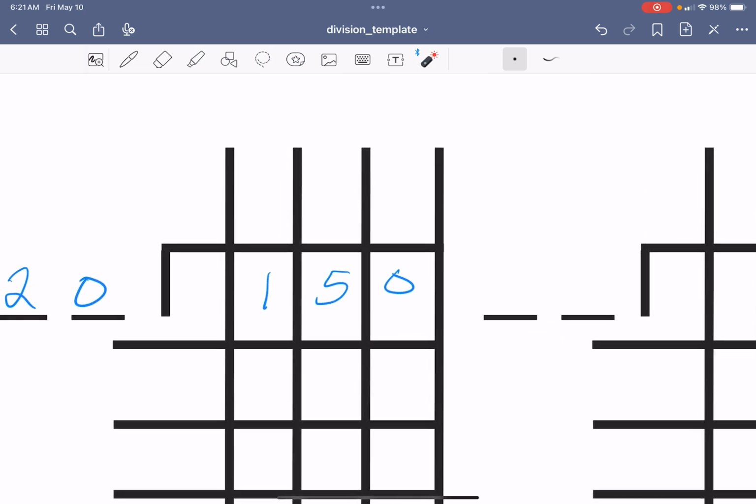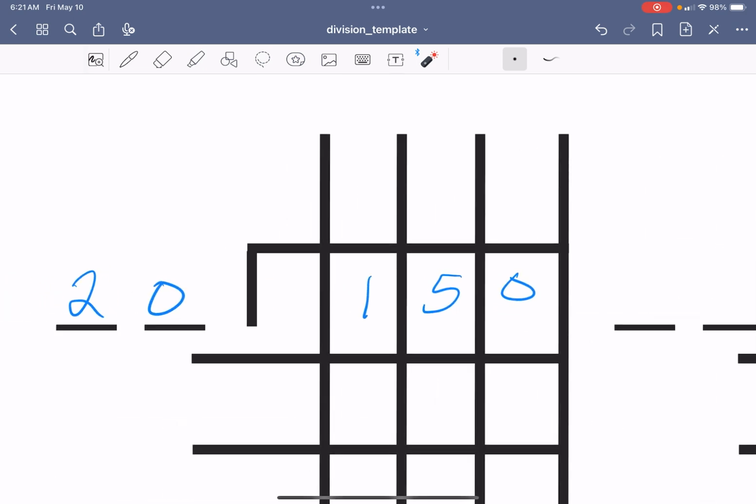So I got to divide every number in this problem. So 1 divided by 20 is 0. The new number is now 150. So 15 divided by 20 is 0. The new number now is 150.